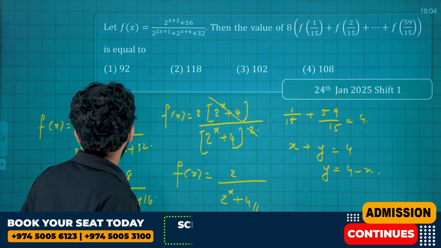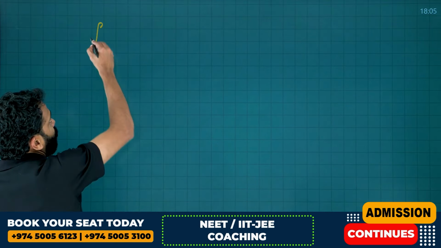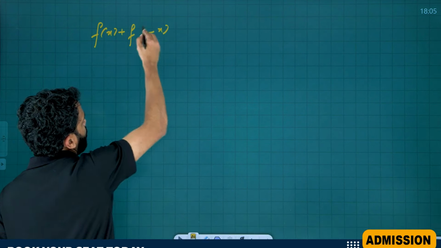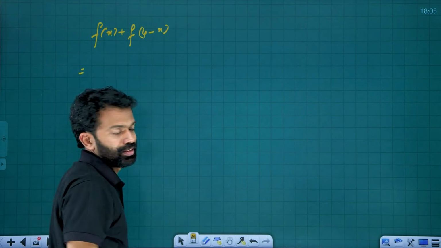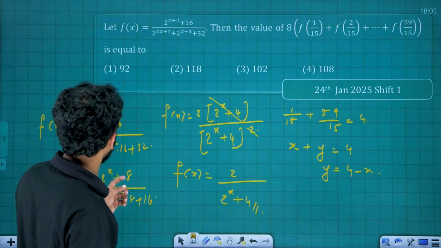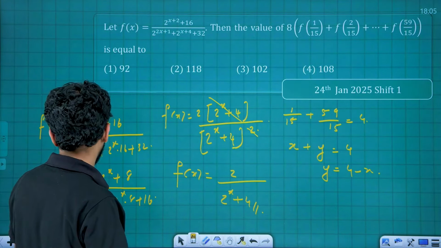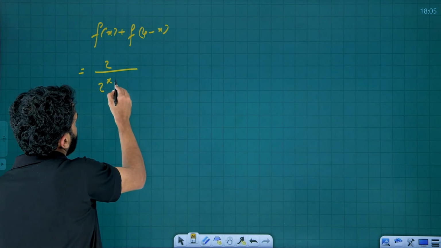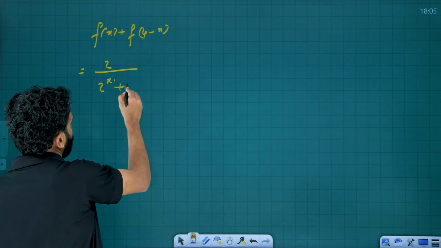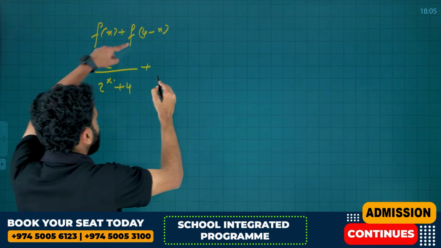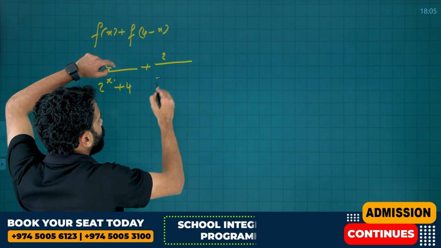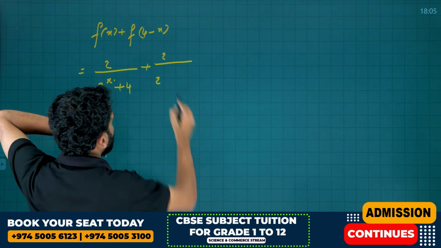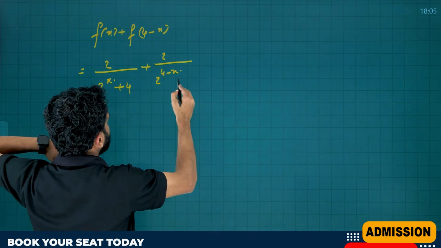So, in the next slide, that is f of x plus f of 4 minus x. So, what is f of x? F of x is 2 by 2 raised to x plus 4. Plus this will be 2 by 2 raised to 4 minus x plus 4.